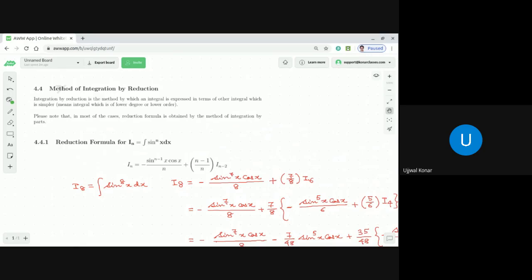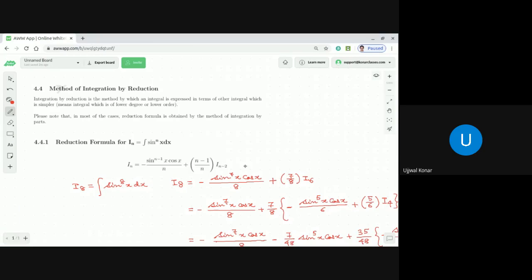Now let's go to the theory part. What is integration by reduction? Integration by reduction is the method by which an integral is expressed in terms of another integral which is similar, meaning an integral which is of lower degree or lower order. Correct, no?